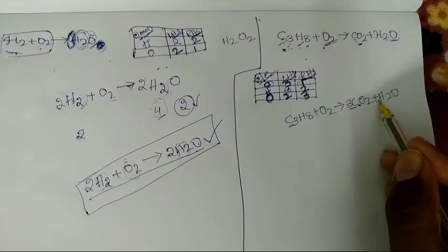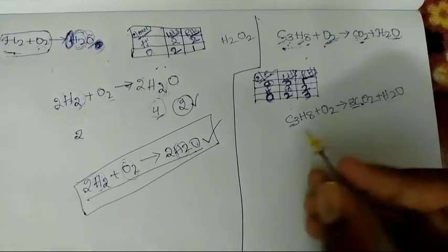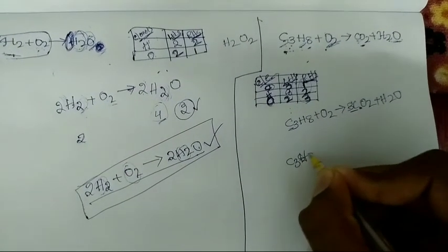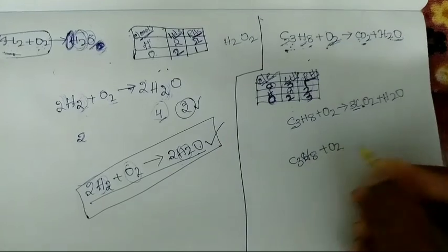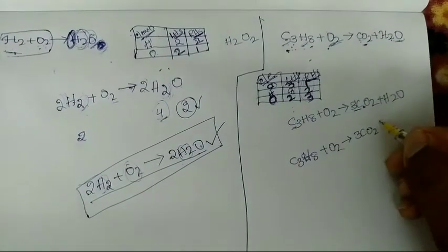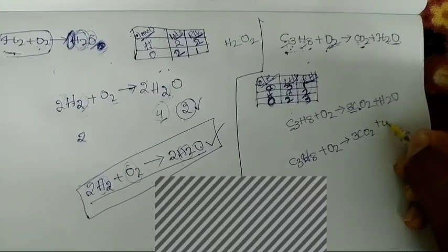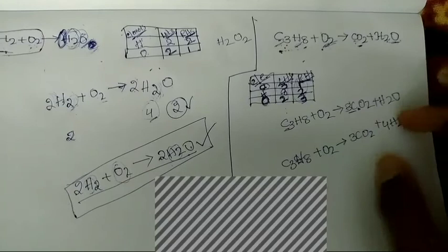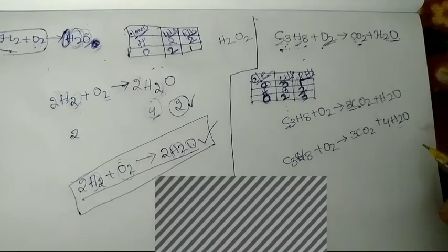That means if we add here 4, we can get 8 hydrogens. That means C3H8 plus O2 gives rise to 3CO2 plus, here 4H2O. Yes or no? 4H2O.